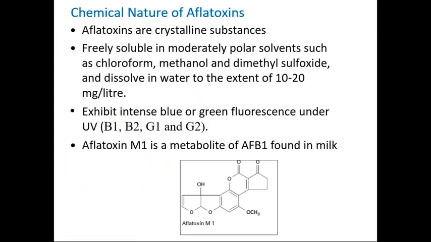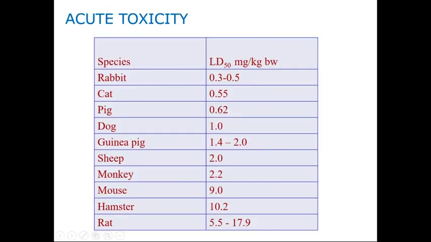They're crystalline, they are freely soluble in polar solvents such as chloroform, methanol, etc. Aflatoxin M1 is a metabolite of the B1, and M2 is a metabolite of B2. So acute toxicity, you see, the LD50 is very low, showing that it is toxic. So you see it is toxic to almost all the mammals.